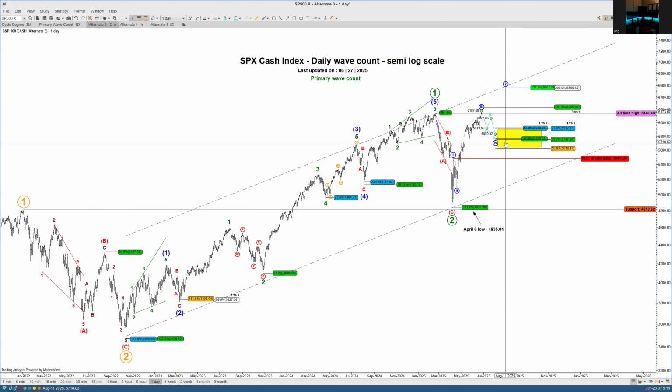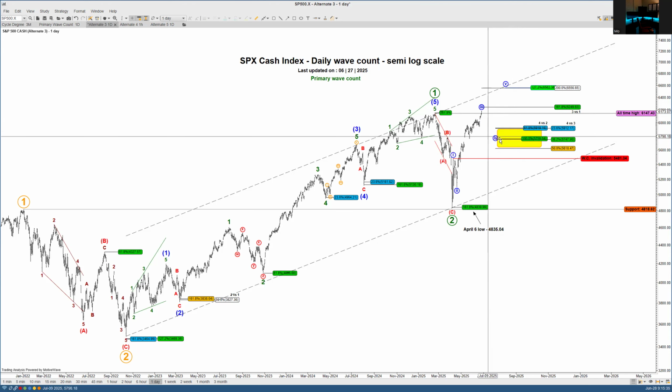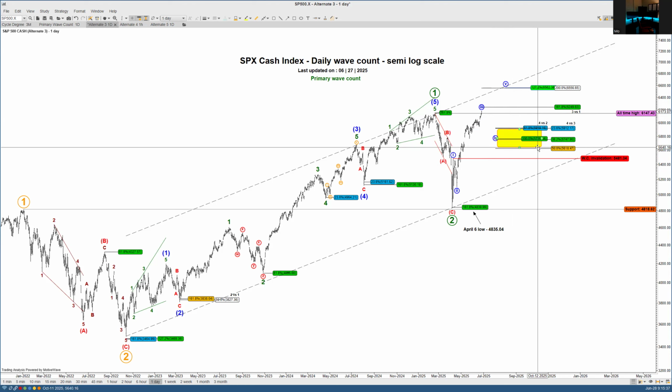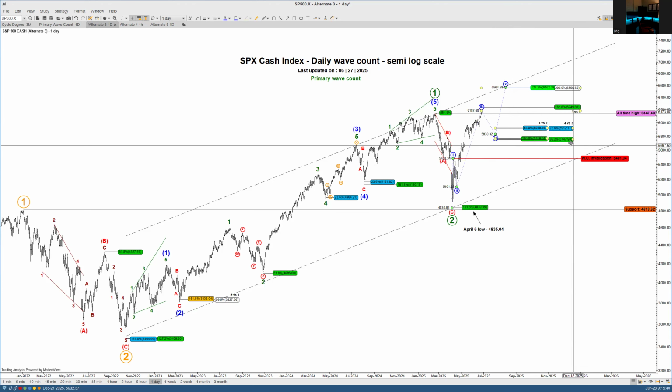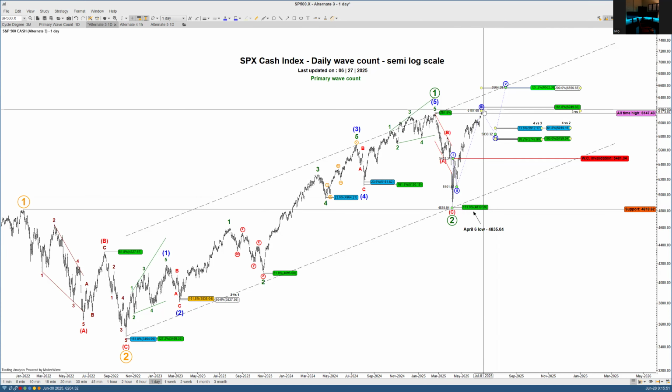Now the question is whether it's going to be a zigzag. It could be complex, it could be a flat, it could be a triangle. So that's a torture. Fourth waves are not so easy, because you had a huge push to the upside.